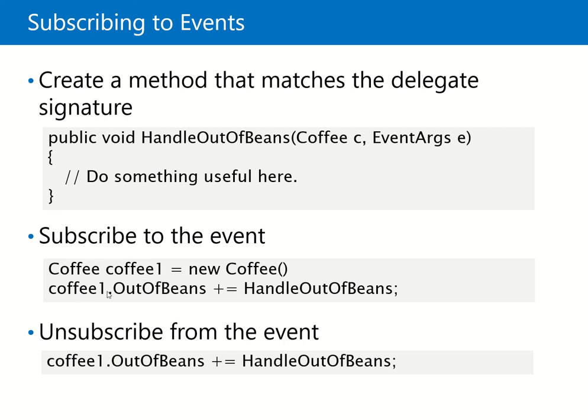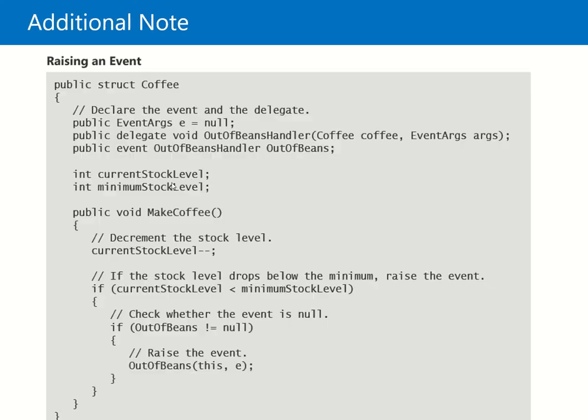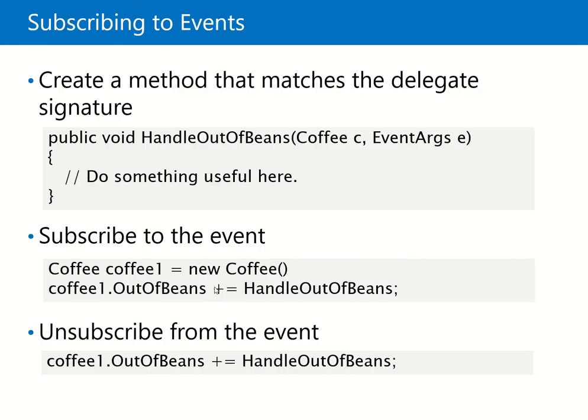So coffee one dot out of beans, which is the event. To subscribe to the event is pretty straightforward. You just put plus equal and the name of the method. It means this method subscribes to this event, so this method is going to handle this particular event.